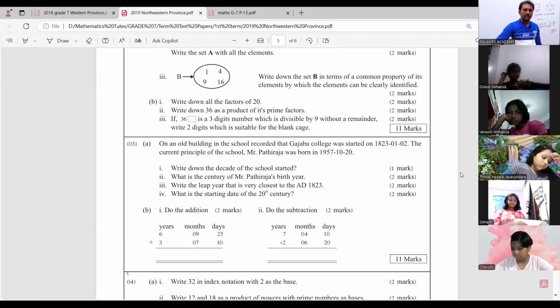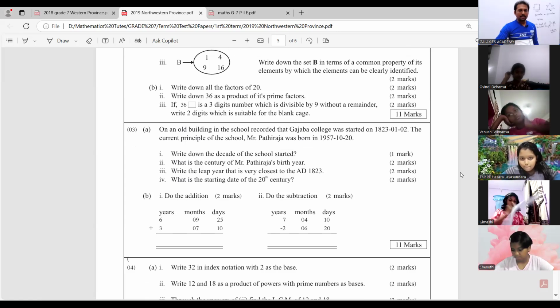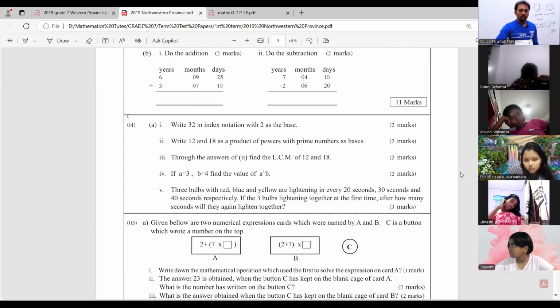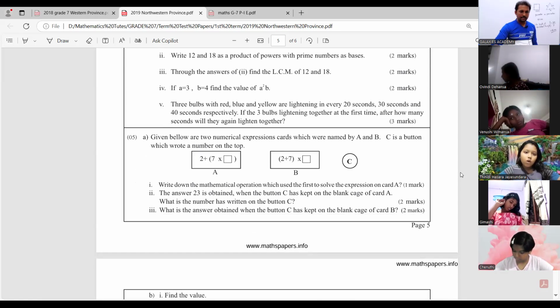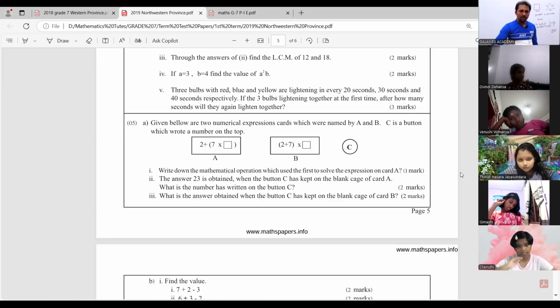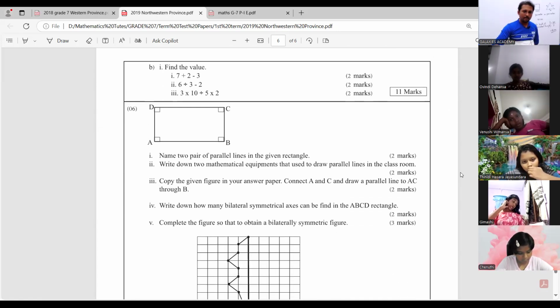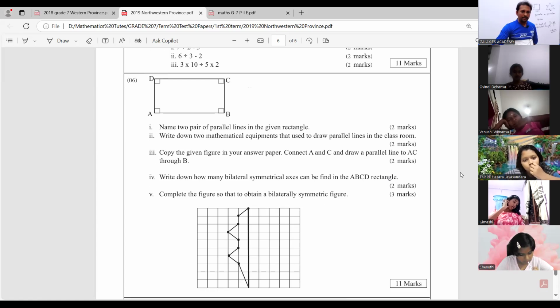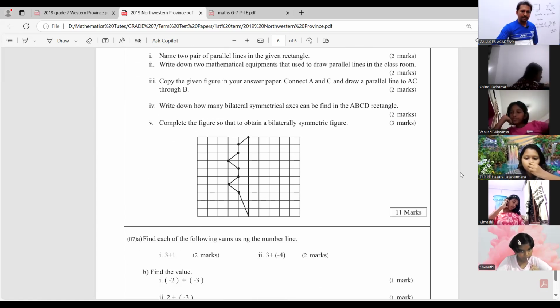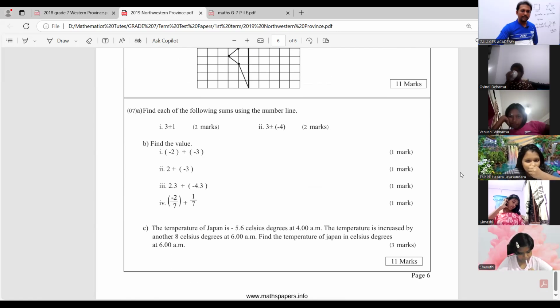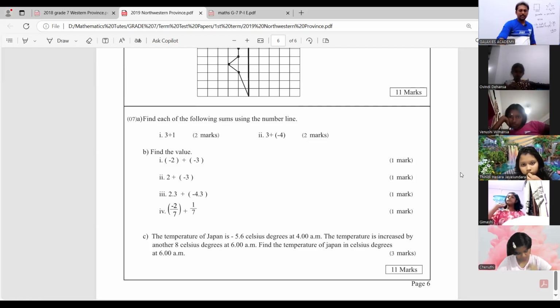The third one is from the time lesson. Next one is from indices, right? The fifth question is from mathematical operations on all numbers, I think, right? Next, number 6, is from parallel straight lines, also symmetry, right? And number 7 is from directed numbers. Okay, they are the 7 questions.